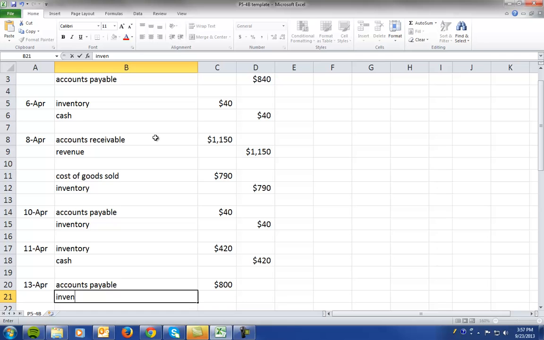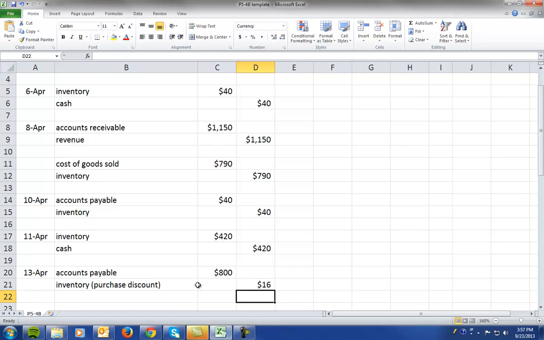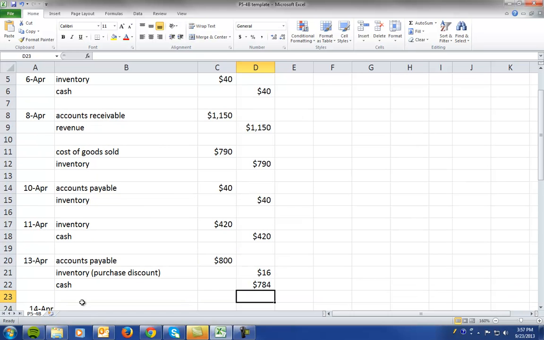Then we want to credit inventory for the purchase discount, and that is the $800 which is owed, times 2%, which is 0.02, which is $16. And we want to credit cash for the difference, which is $784.